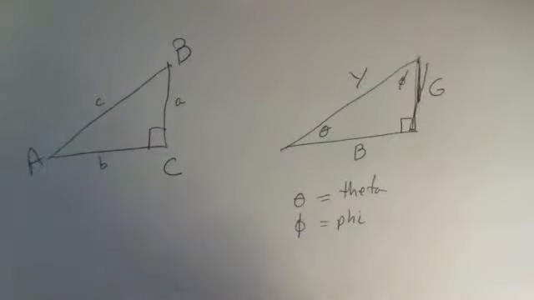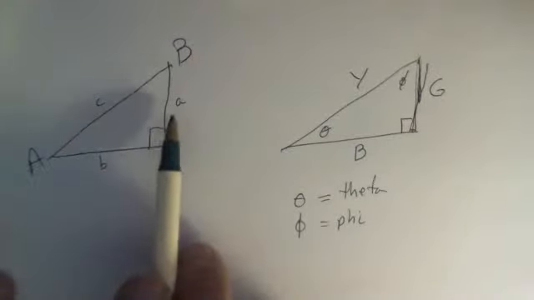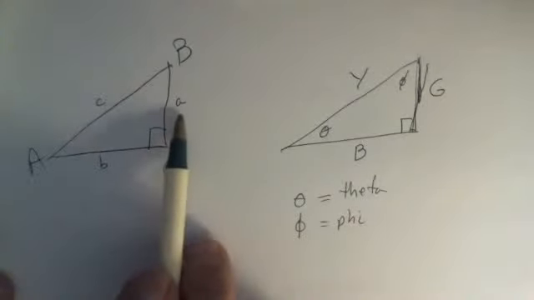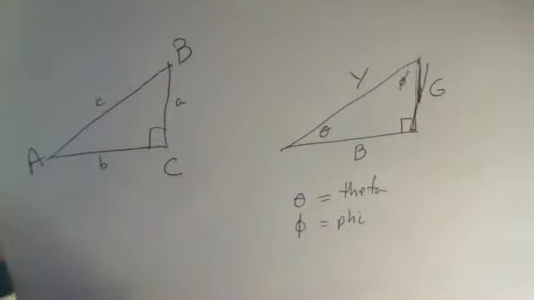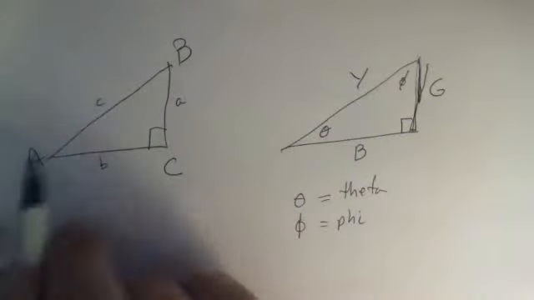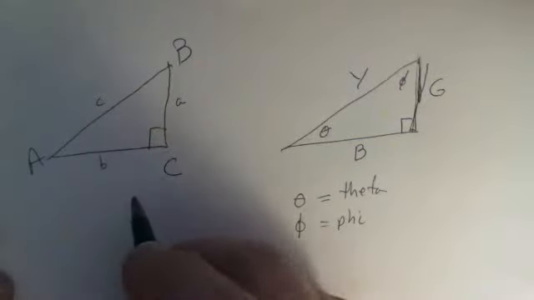One thing you also have to remember is that the measure of the angle coincides in a way with the length of the side opposite. C is always the hypotenuse here, always the longest side, and we're generally concerned with these other two angles.